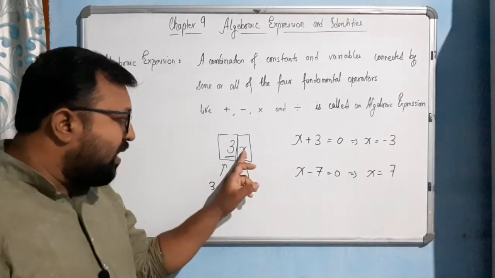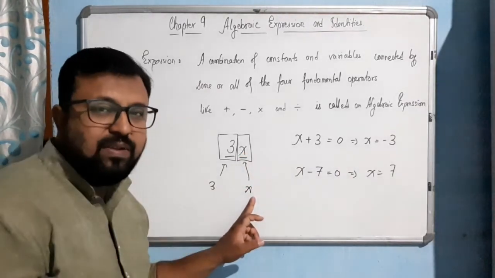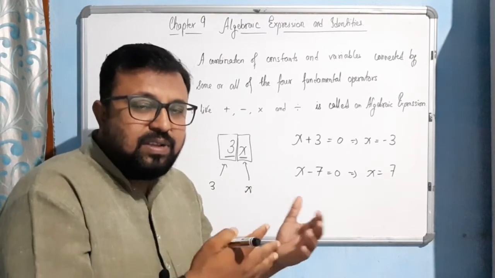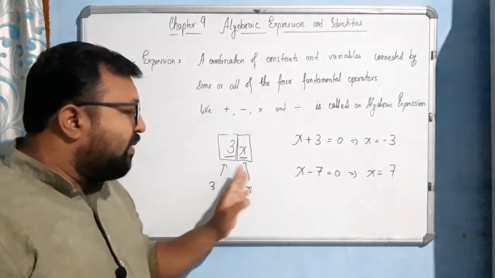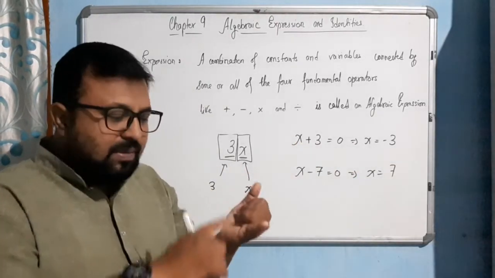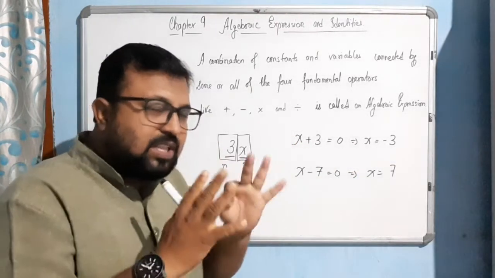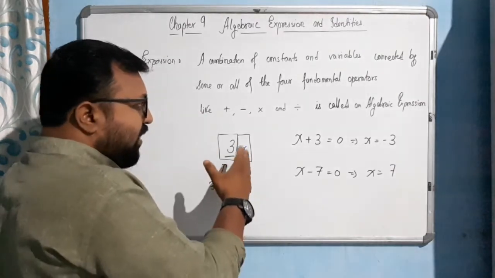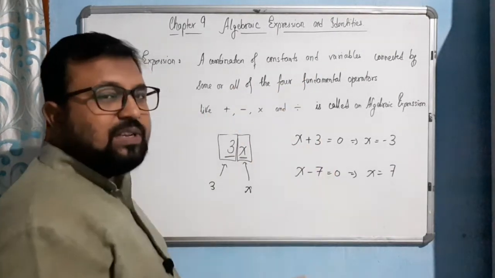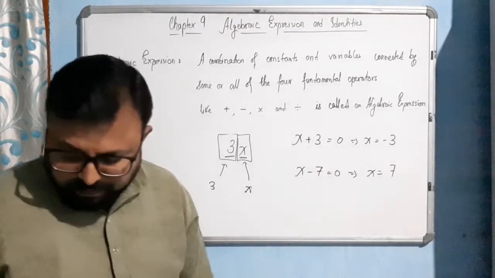So it may acquire any numerical values. That's why we say a variable varies, the value varies. But 3 means 3: if we start counting, 1, 2, 3, it is prefixed. Wherever you get 3 in any expression, you will count 3. That is a fixed numerical value, very simple.